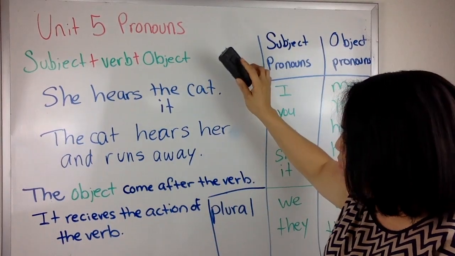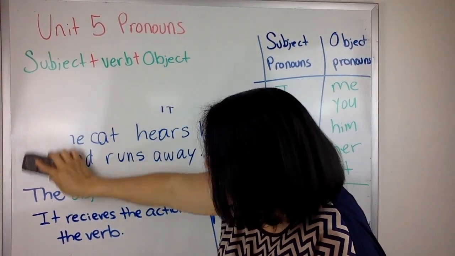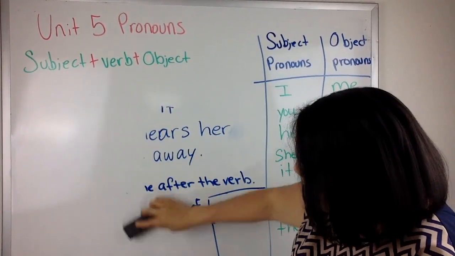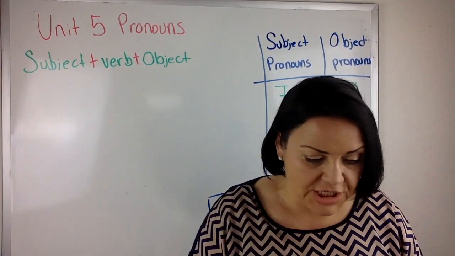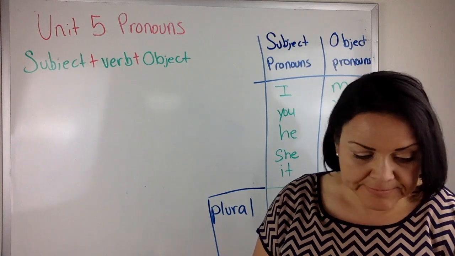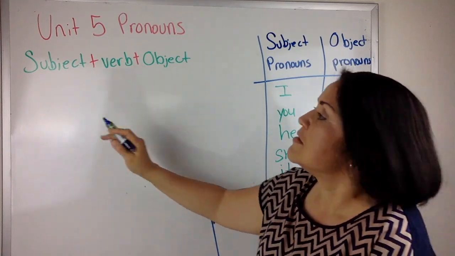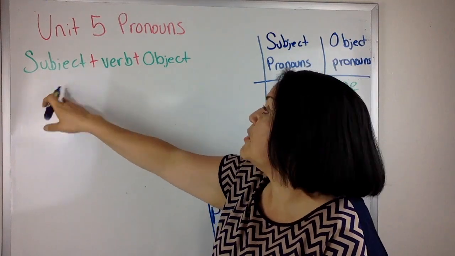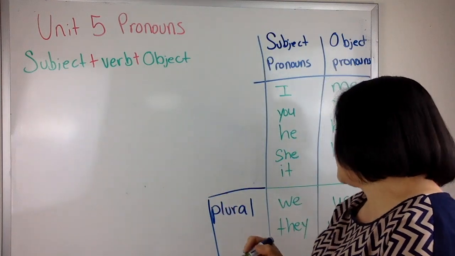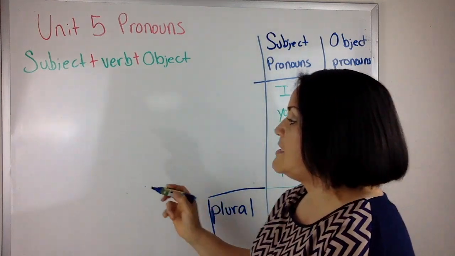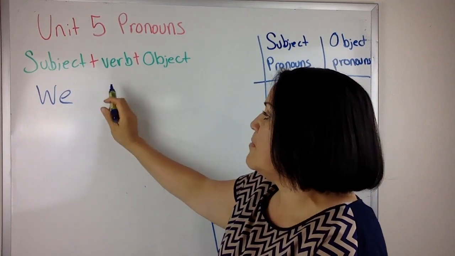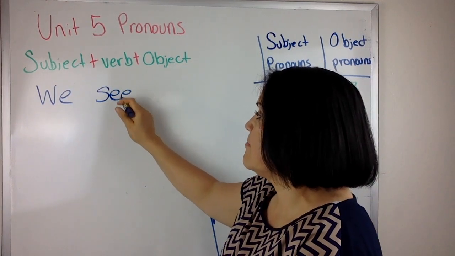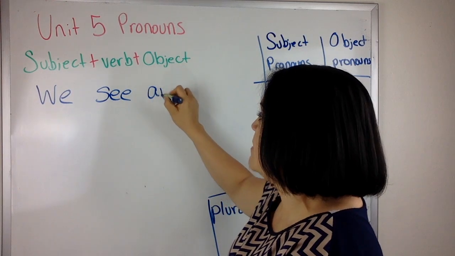Let's use one that's plural. They're receiving the action. So we can put a subject pronoun. We can use something like we, verb, see, animals.